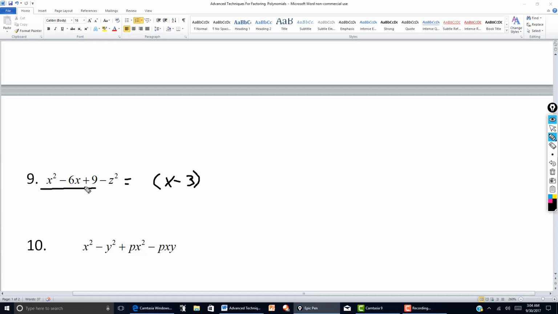The first 3 terms make up a trinomial, and I'm just going to write that as x minus 3 squared, and then I have minus z squared.